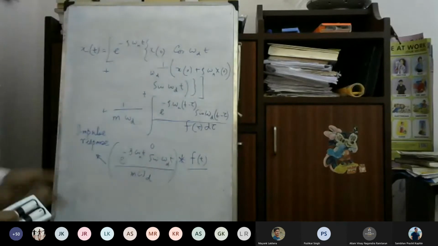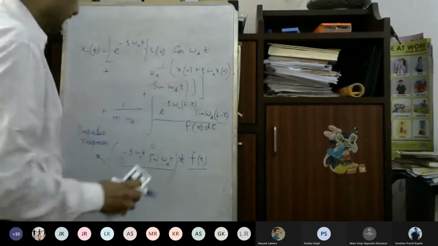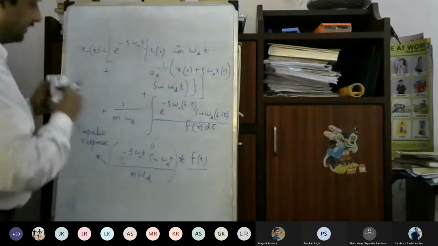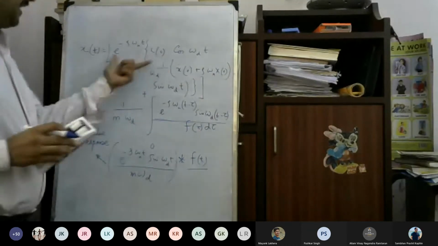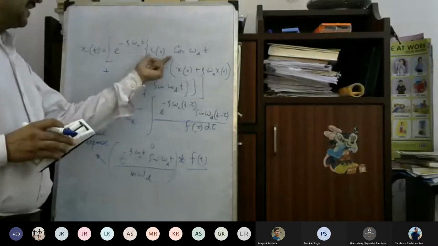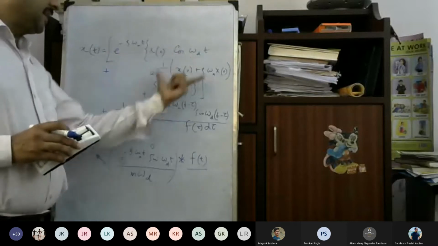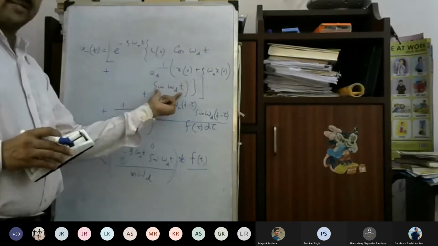So you see that the response, this free vibration part, can be written as e to the power minus zeta omega n t, certain terms times cosine omega d t, and certain other terms times sine omega d t.